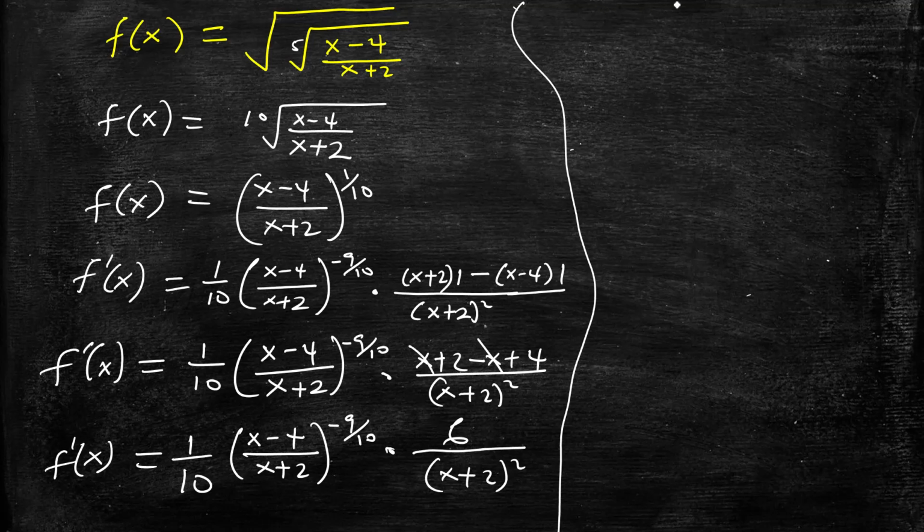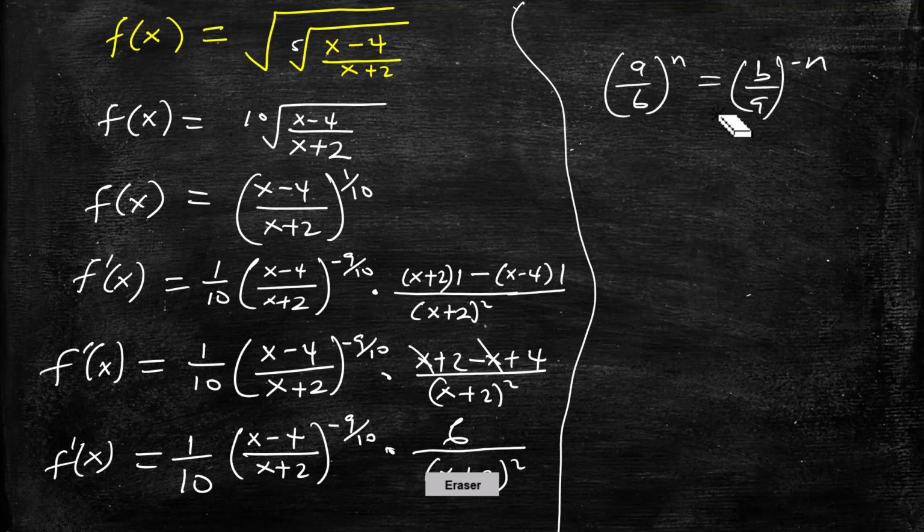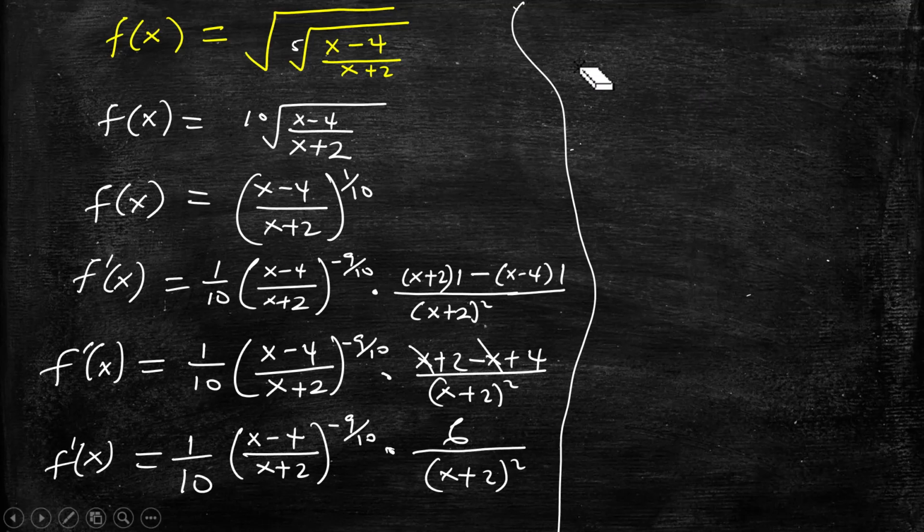All right, so let's go ahead and make some changes here. So a over b all to the power n is the same as b over a all to the power minus n. So we can interchange the position of this and change this to positive. So we have f prime of x.